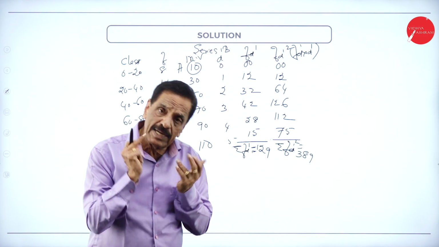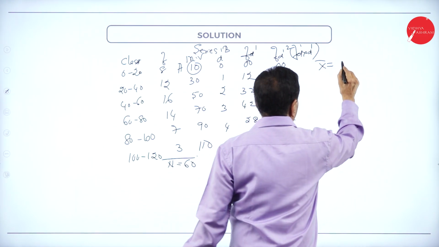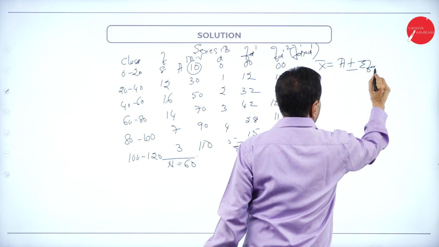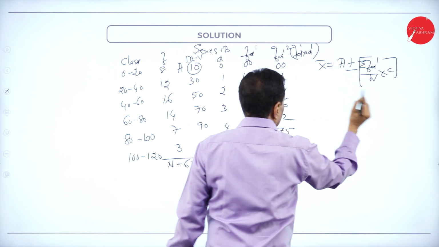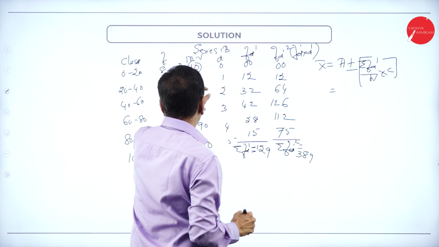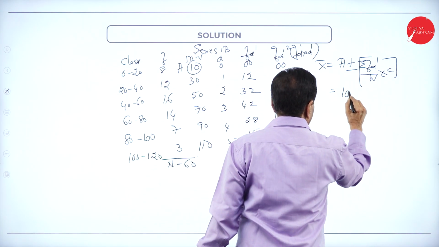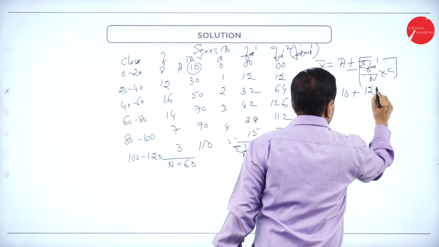So what we have to calculate? One mean, one standard deviation. Mean is equal to A plus sigma f t dash divided by N into C. What is assumed here? 10, the mid value; this is your assumption. Sigma f t dash is 129.